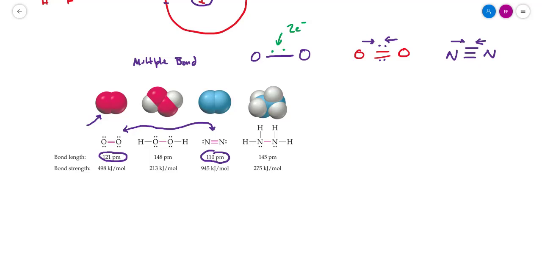As that length gets smaller for nitrogen, look at what happens to its strength. The strength of an oxygen bond is about 500 kilojoules per mole, but the strength of a nitrogen bond is almost double that. So it's a huge increase in bond energy.